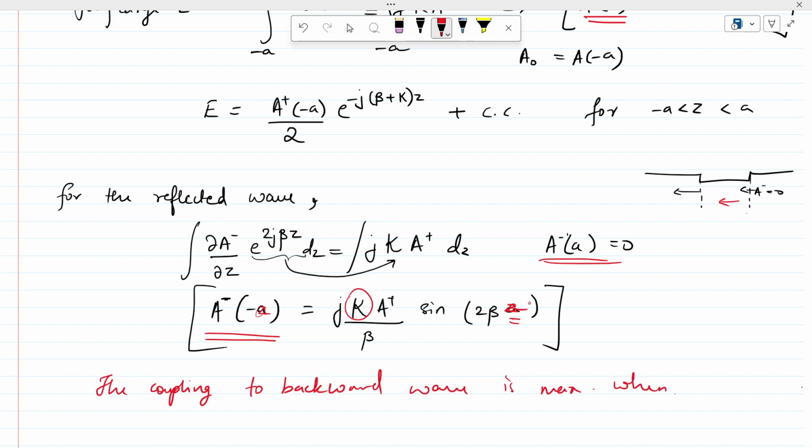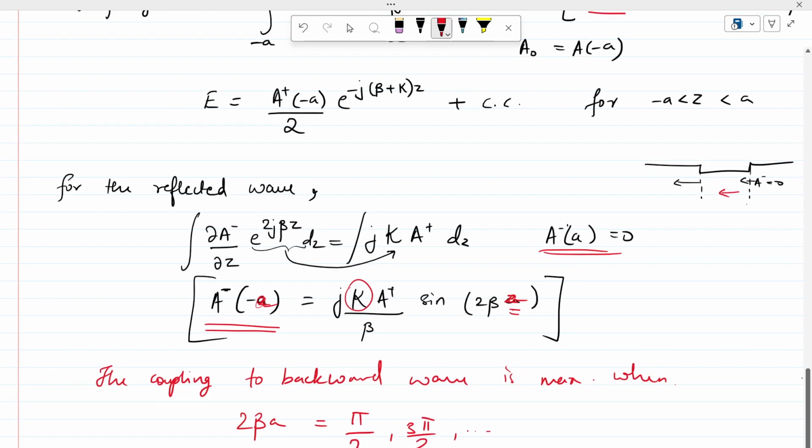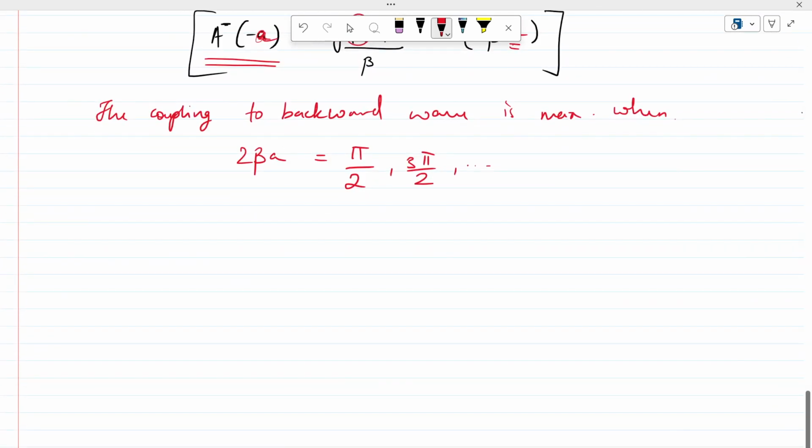When this 2 beta a is nothing but sine 90 is 1, right? So that should be equal to pi by 2 or 3 pi by 2 and so on. So odd multiples of pi by 2, or you can write it as (q plus half) into pi, where q is an integer.